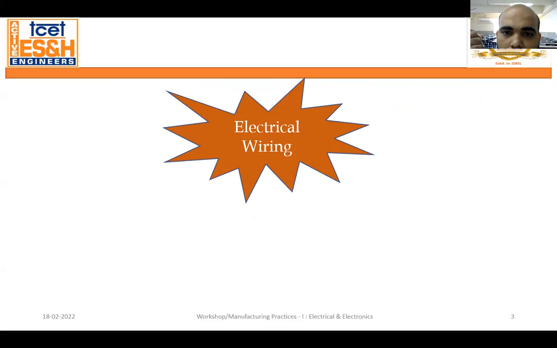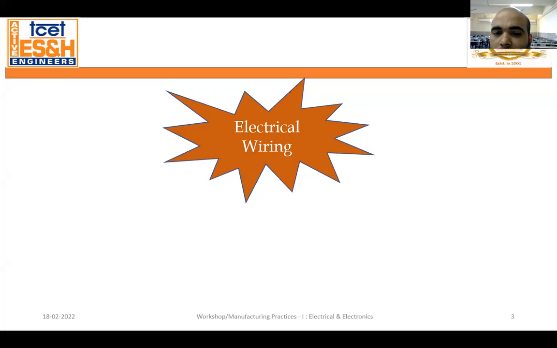So what is electrical wiring basically? Electrical wiring is the process of connecting the cables and the components, like a fuse, a switch, a socket, a fan, etc., to the main distribution system, where the distribution system has a continuous supply.